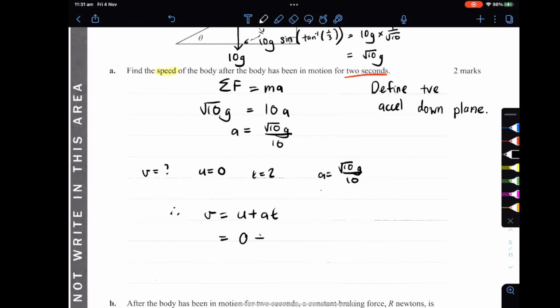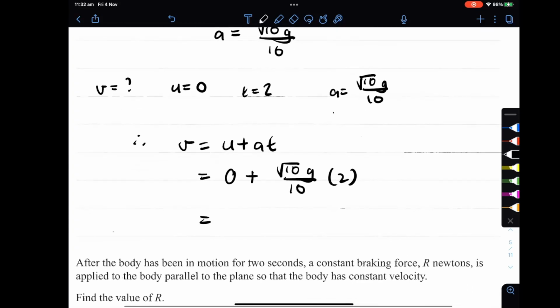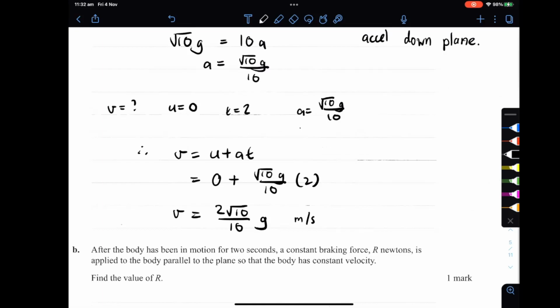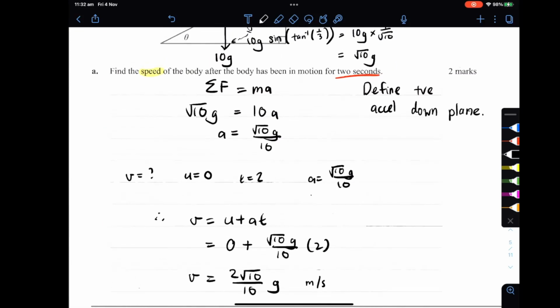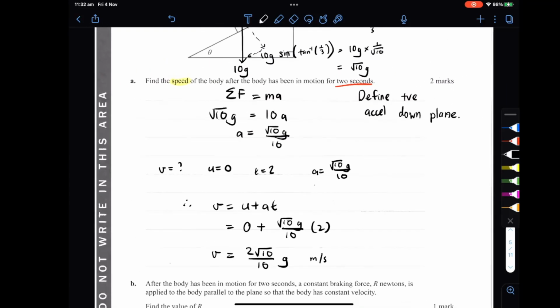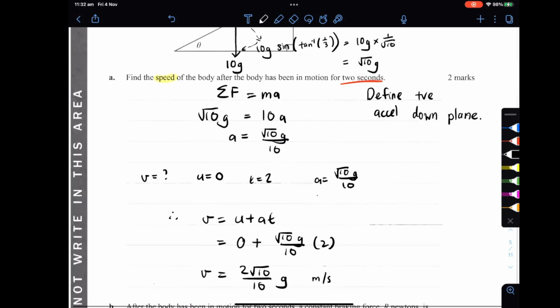So we get 0 plus root 10g on 10 times 2. And so the speed looks like it's going to be 2 root 10g over 10.